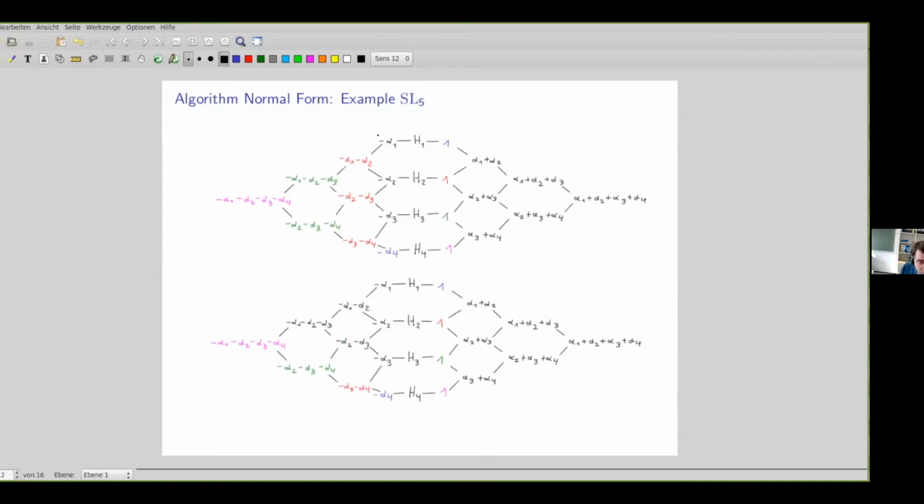So the next step now is to delete the root spaces minus alpha 1 up to minus alpha 3. How do we do that? We gauge transform with the roots of height -2. So now here always the simple roots are the pivot elements. So now the number shrinks.